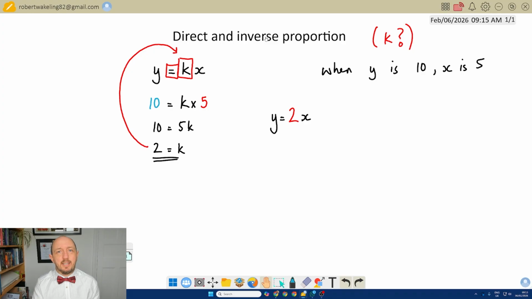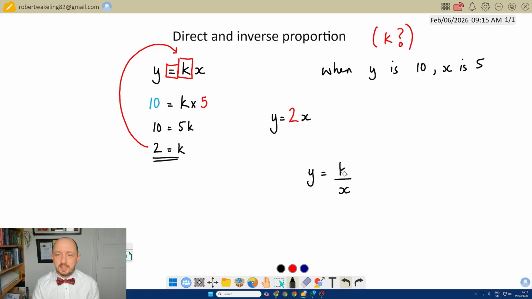Okay, what about inverse proportion? So if a question says y is inversely proportional to x, we say equals k, but we put it over x. All right, this is the only difference.